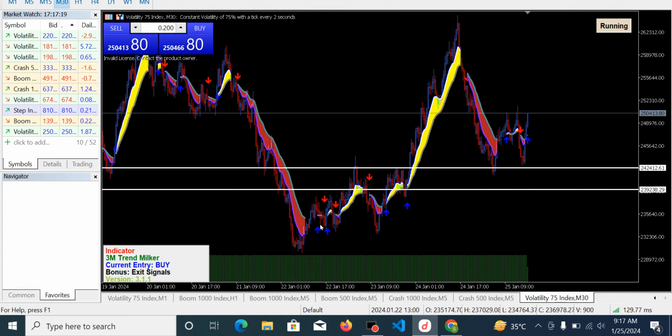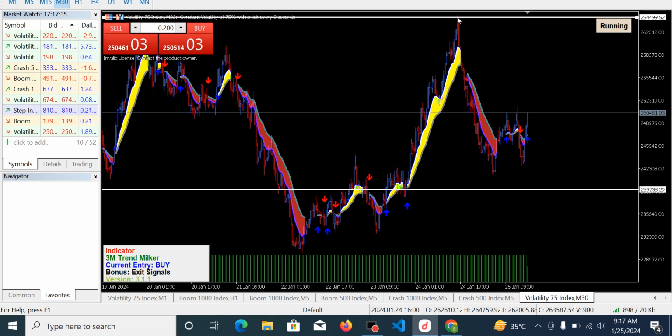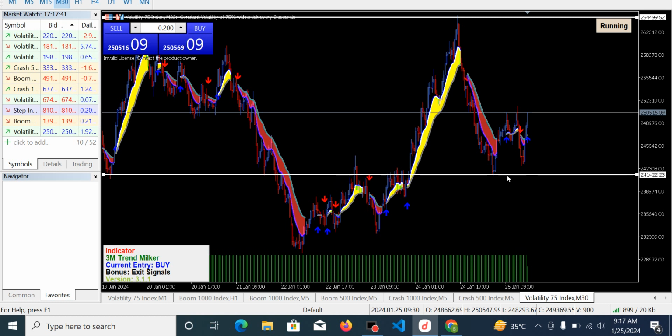This is V75, that's Volatility 75. It actually went on uptrend, and of course got to this resistance zone. It was unable to break out above it, so right from there it started selling. It sold till it got to this support zone, and it has not been able to break out below the support zone, so it has been playing around.